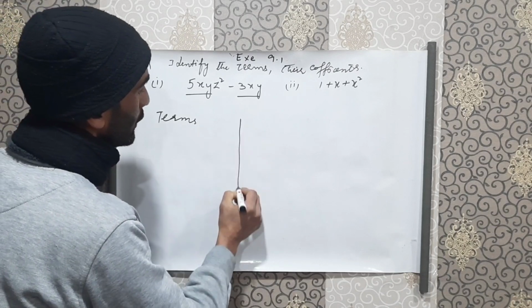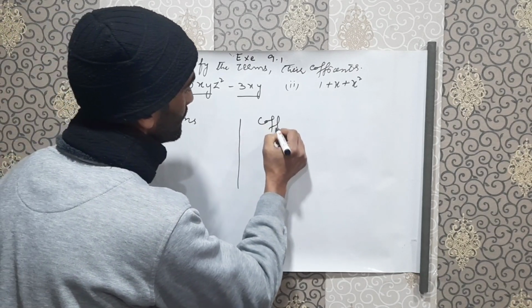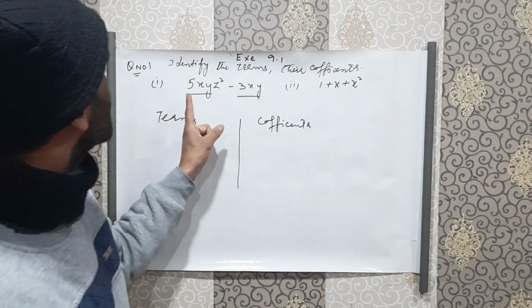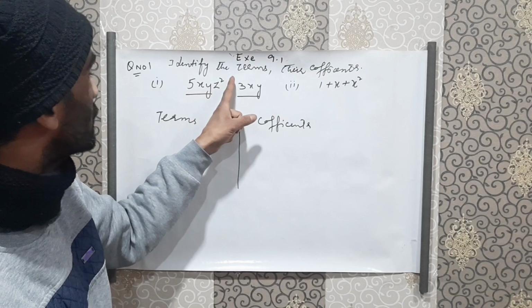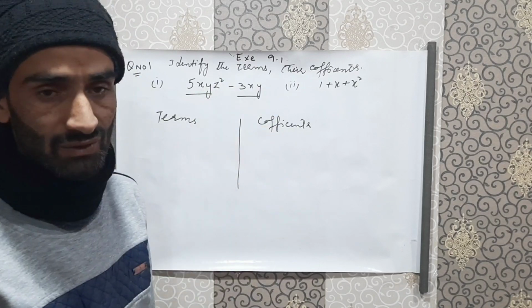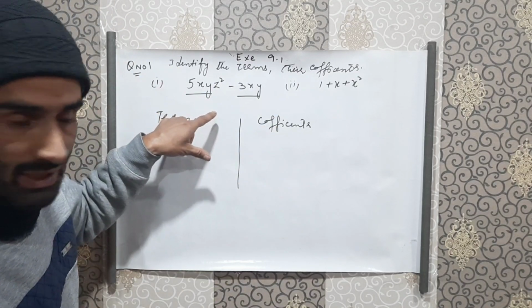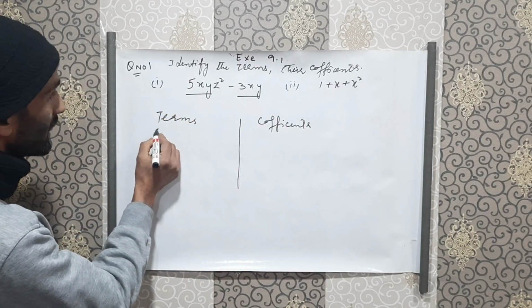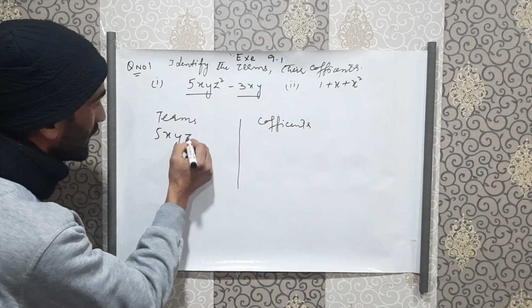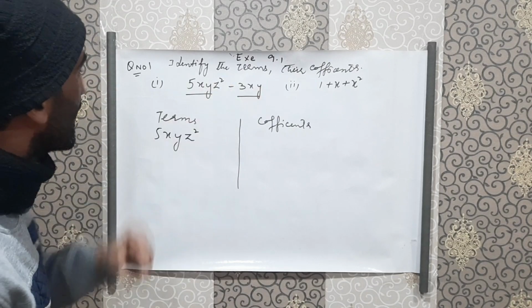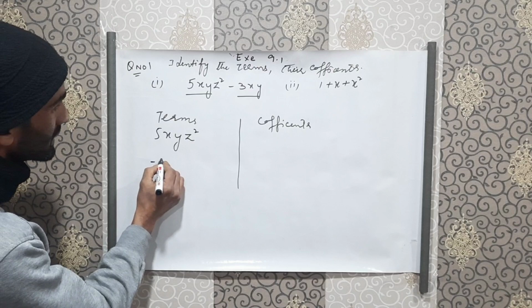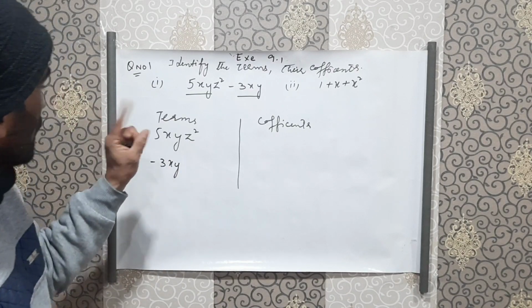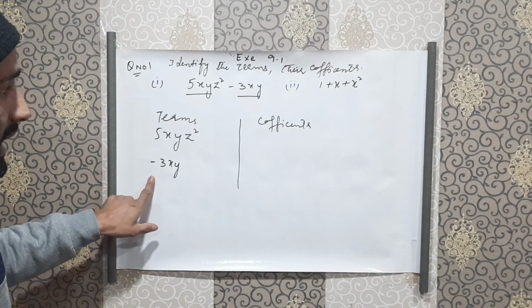Here we are going to write the terms, and here we are going to write the coefficients. The first algebraic expression is 5xyz square minus 3xy. How many terms are here? 1 and 2. So the first term we can write here is 5xyz square, and the second term is minus 3xy. So this is one term and this is another term.